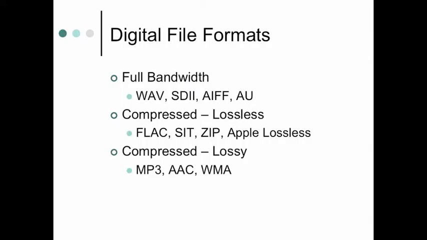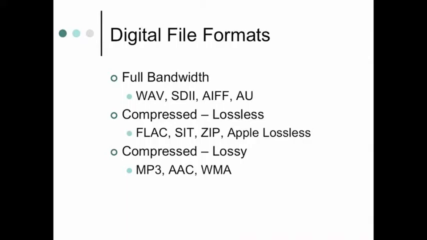But on the other hand, compressed lossy files basically take data and decide what's important and what isn't important, and they destroy the data which they consider unimportant, and make it smaller by throwing data away that you can never get back. One of those types of files is an MP3 file. An AAC file is what iTunes used to use and still does.